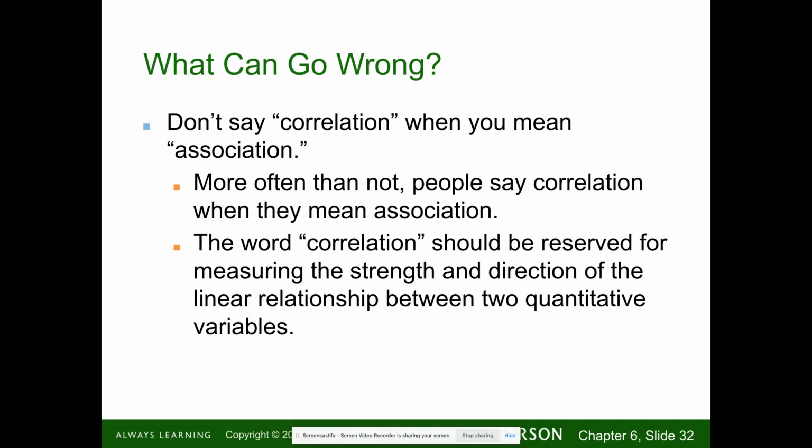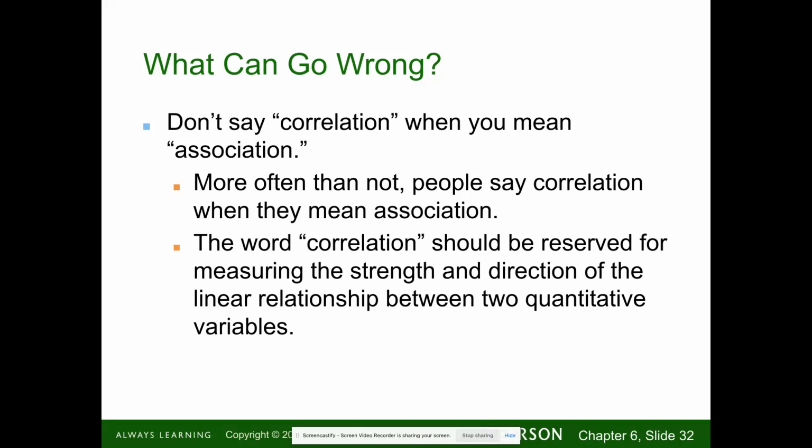Don't say correlation when you mean association. Right? We have to be very careful, and this is where they'll trip you up on the AP exam. They're going to show you some data and say, does this cause this? If you say yes, it's wrong. If they say, is there an association, then that's different. That's a different meaning.